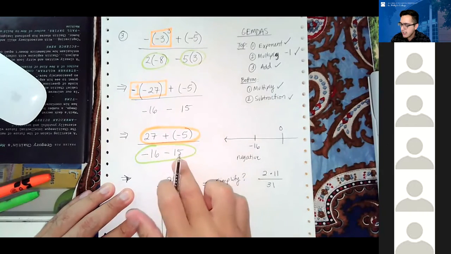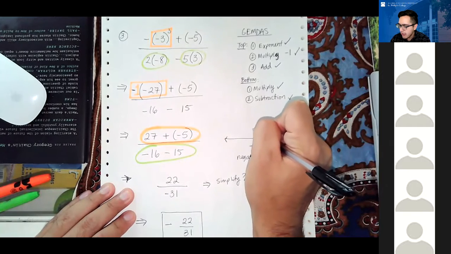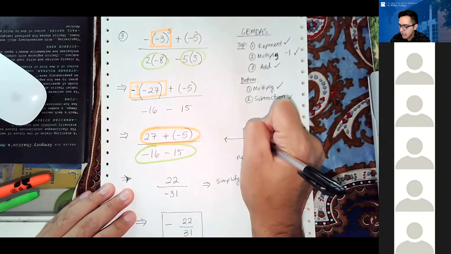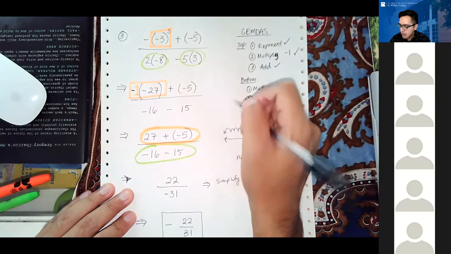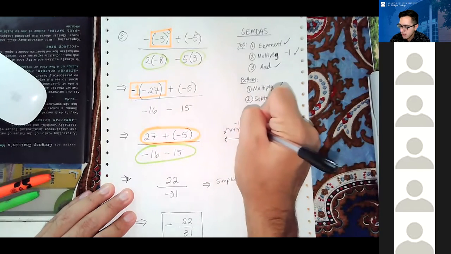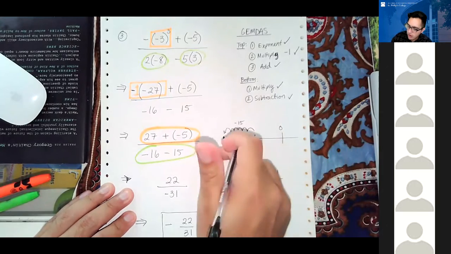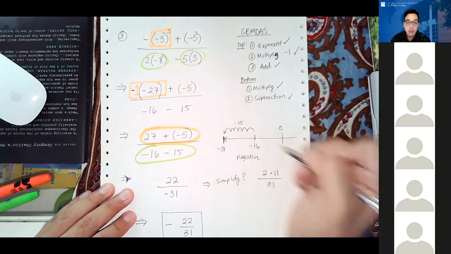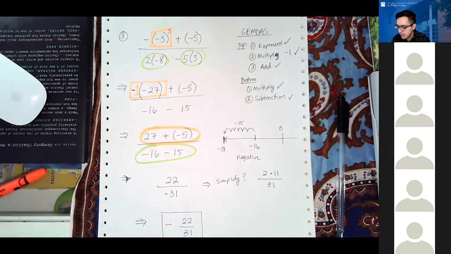When you subtract, this is back to the grade school days, you should be walking backwards, or in the negative direction. So we'd walk 15 spaces this way, so -15, and then we would land on a larger negative number, which would be -31. So that's a graphical representation of that subtraction.